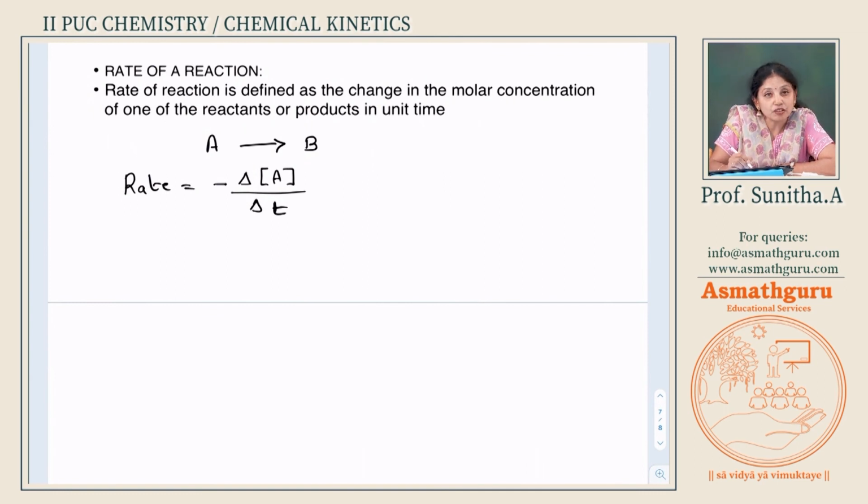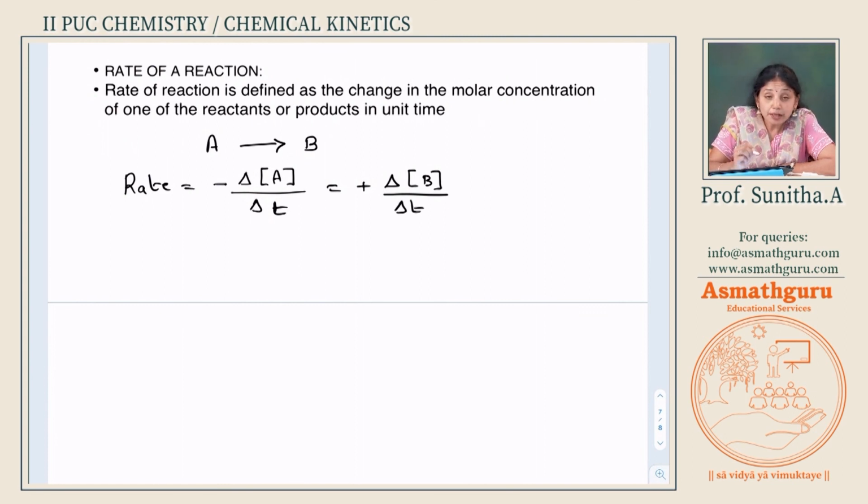Whenever we write concentration, we write it within square brackets. You have learned this in first PUC chapter, chemical equilibrium. It is equal to plus delta concentration or active mass of B by delta T.